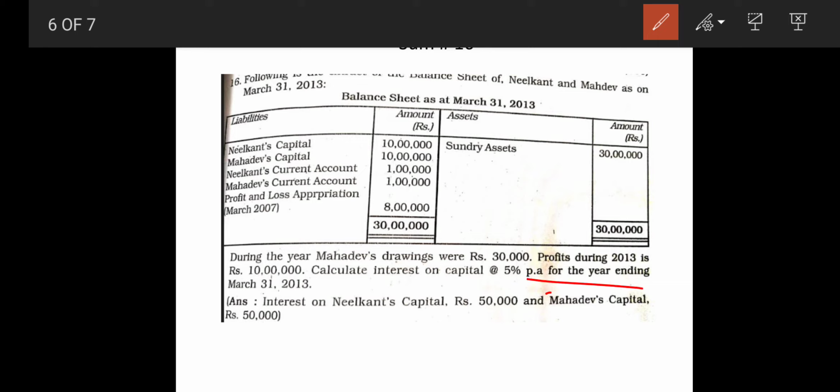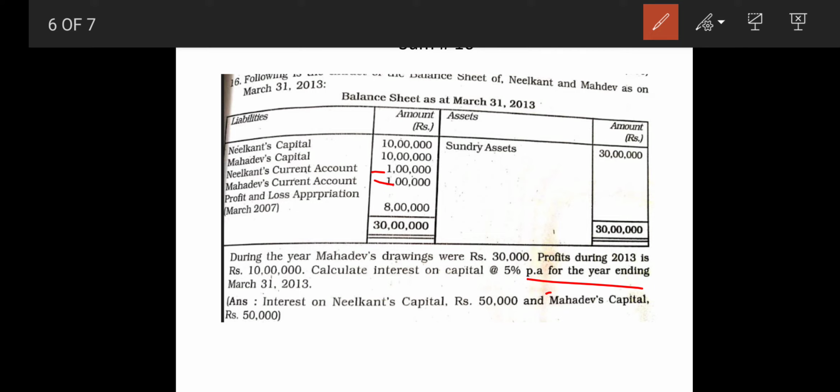Now in this sum, a very important thing you have to remember is, first of all, interest on capital will always be calculated on the opening balance. Now in the sum, you can see the current account is highlighted over here, which gives you a balance of 1 lakh.